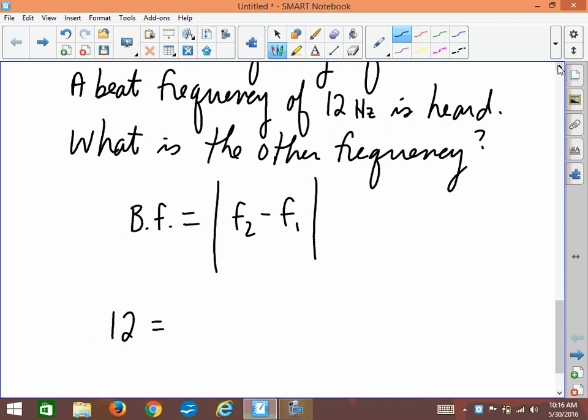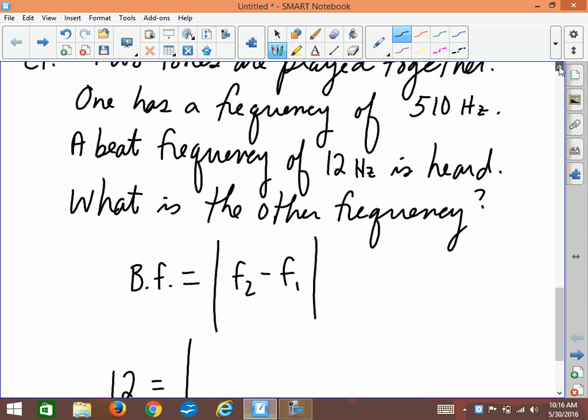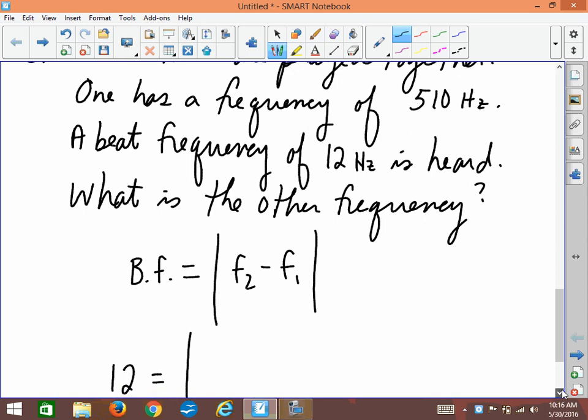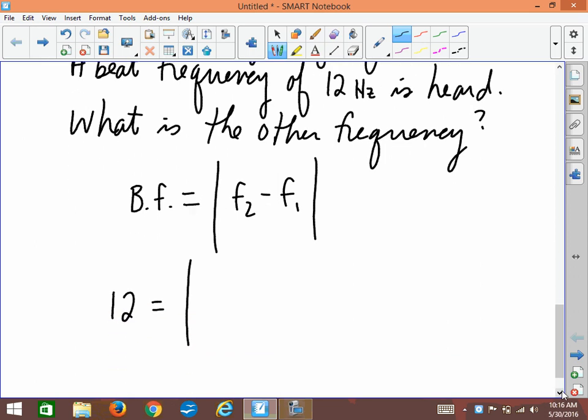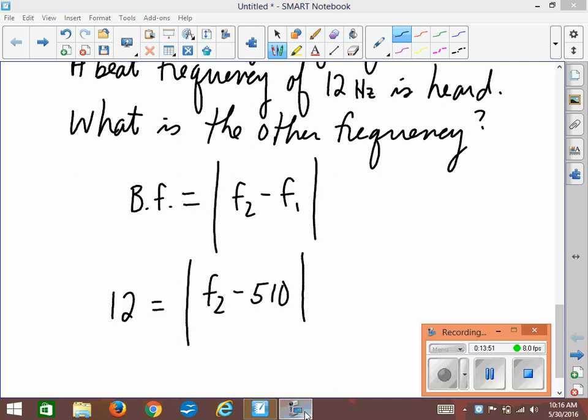Then we know that one of the frequencies is 510 hertz. So it could be 510 minus the other frequency. Well, let me just change that since I wrote that one first, so I'll call that one. It could be this, right? Or it could be the opposite.